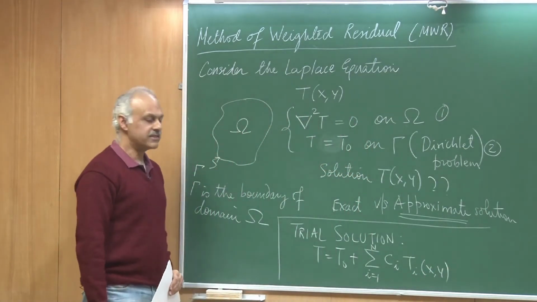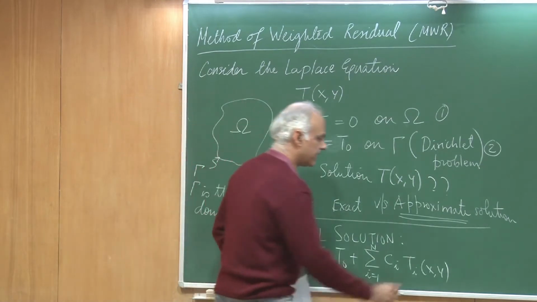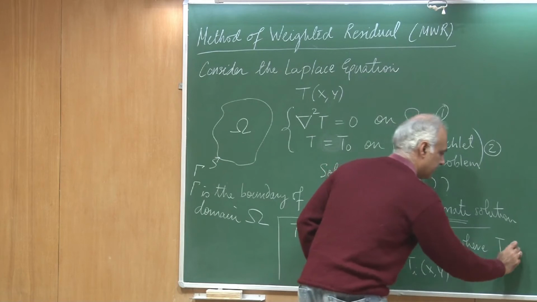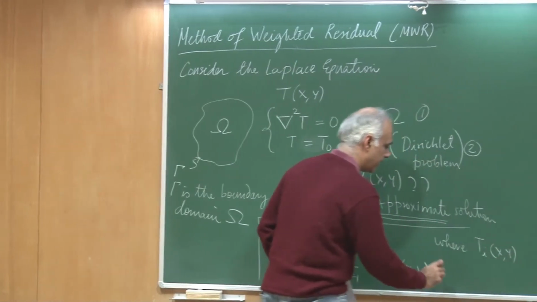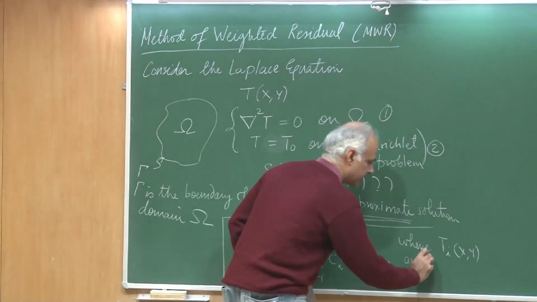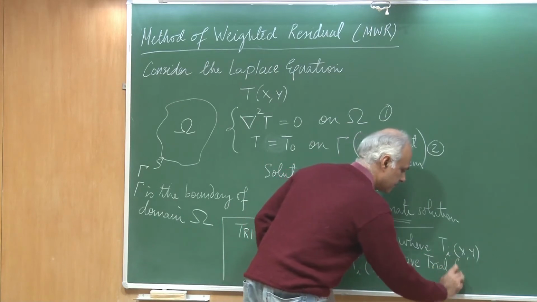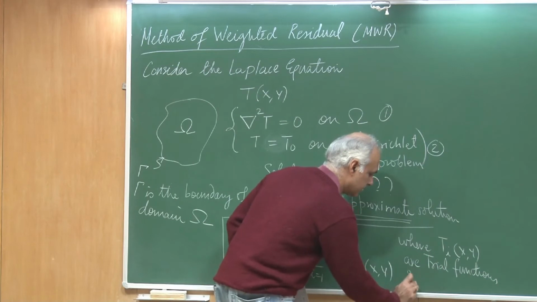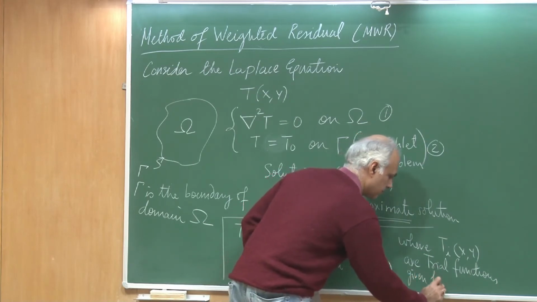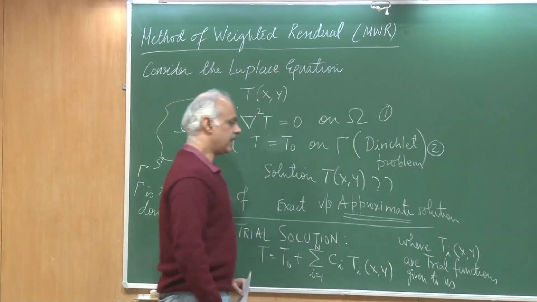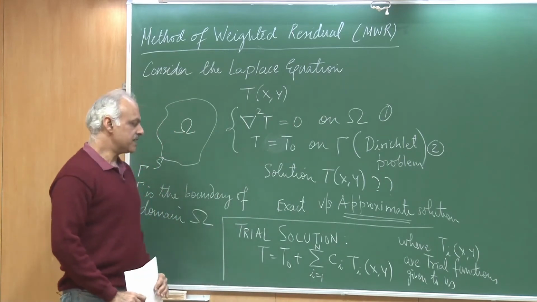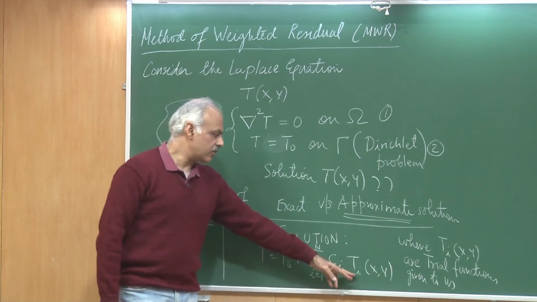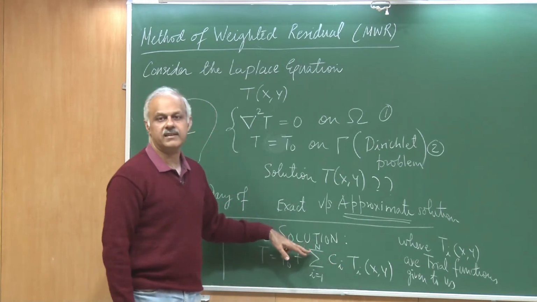So let me propose a solution like this, where Ti as functions of x, y are trial functions given to us. What is being said is that there is a class of functions Ti, i goes from 1 through n.